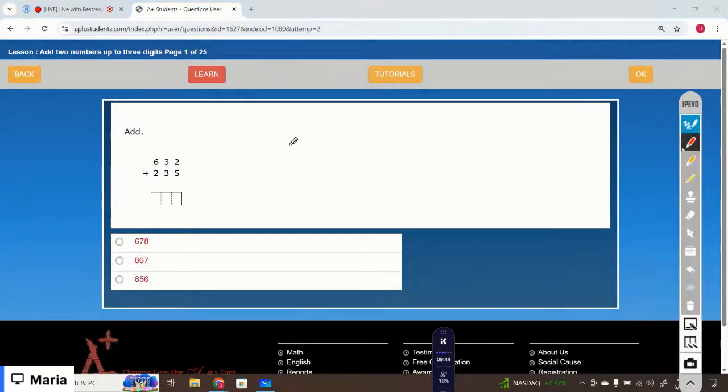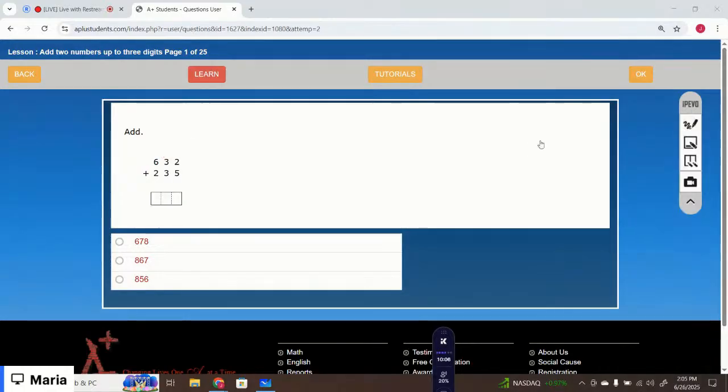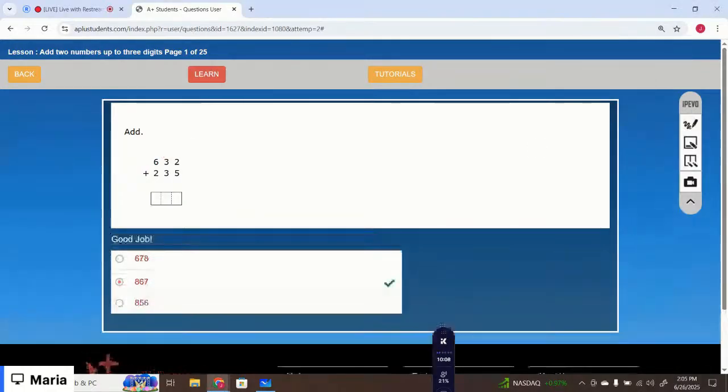So start adding from the ones digit. That is 5 plus 2. 5 plus 2 makes 7. Then we need to add the tens digit. 3 plus 3 makes 6. And then we have to add the hundreds digit, 6 plus 2 is 8. So that is 867. Option number 2 is the correct option. That is 867.